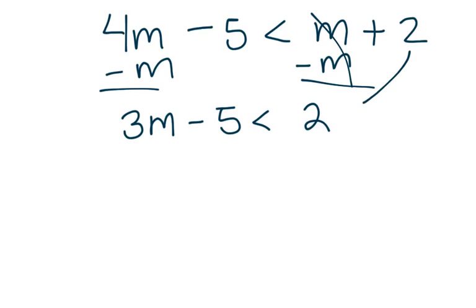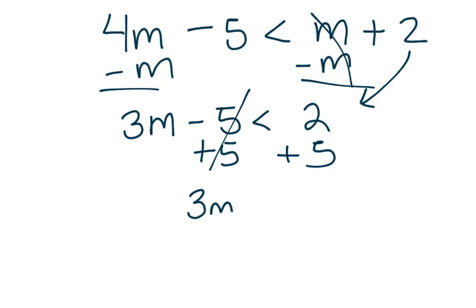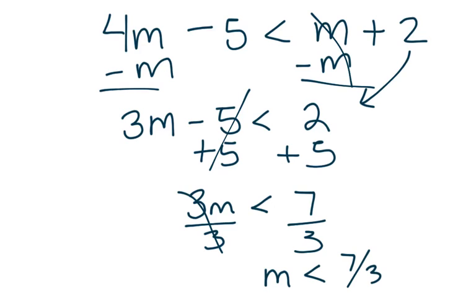I just brought the 2 down from here. I'm going to add 5 on both sides. So I am left with 3m is less than 7. Last up, divide both sides by 3. And I'm going to be left with a fraction. m is less than 7 over 3. Or you can change it to a decimal if you want to.